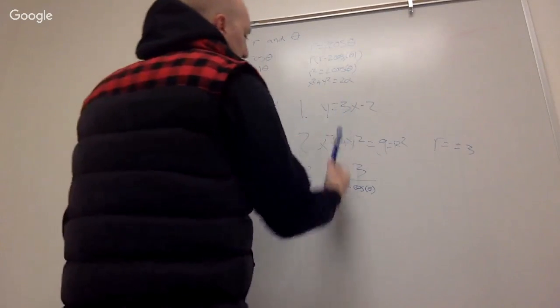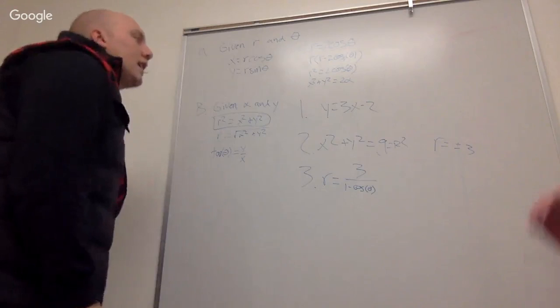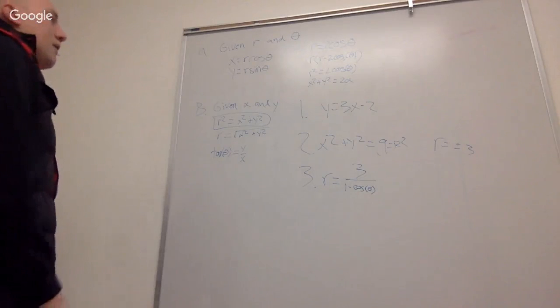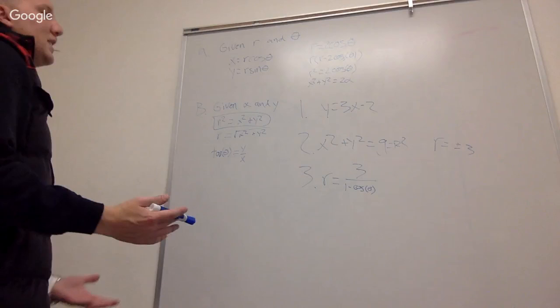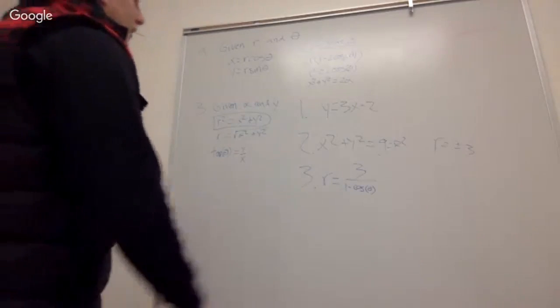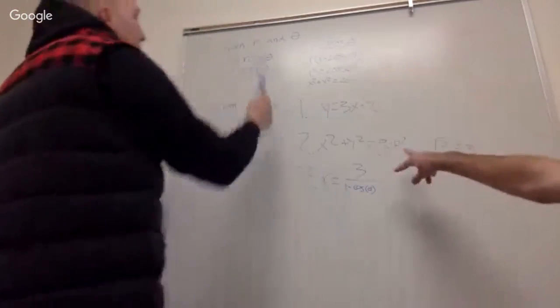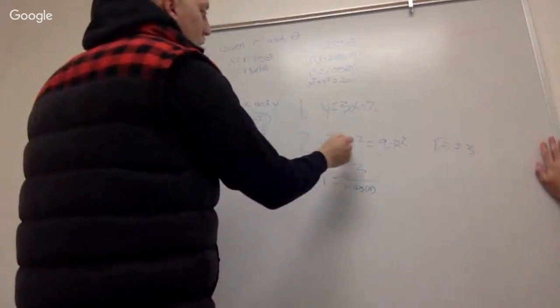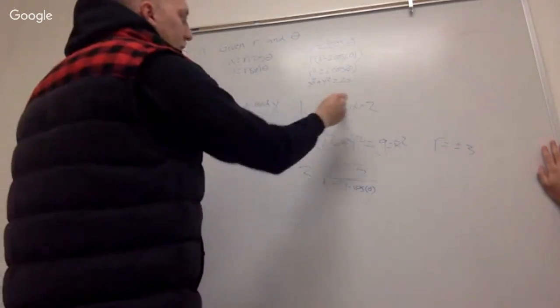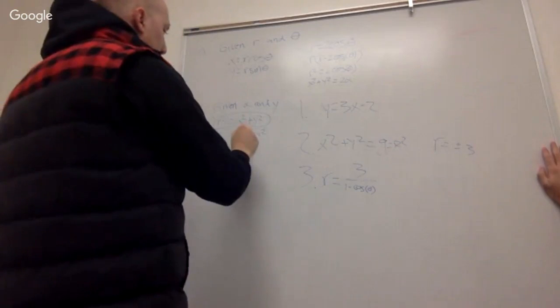But this one and this one, I was looking at and I'm like, I don't know. I'm guessing, if you look at the formulas, can we use those up there too? Yeah, because this one we're given x and y, so we're going to have to use one of these formulas.